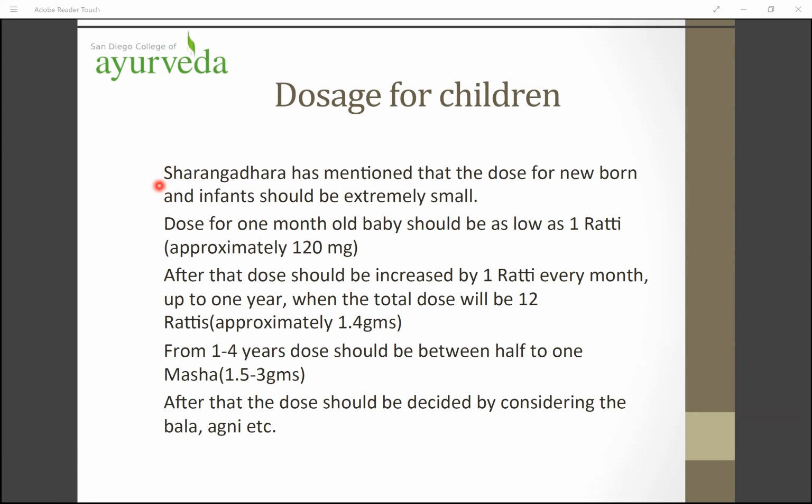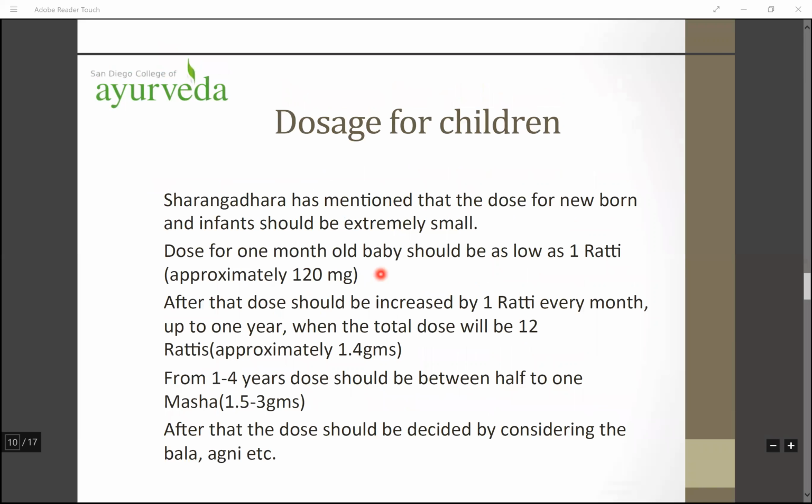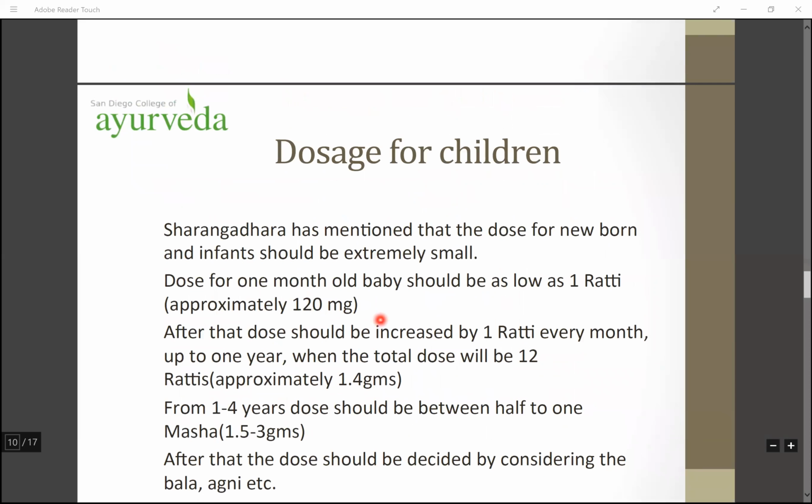As the child grows older, your dosage would slowly increase. You give about one rati, which is like 120 mg, for a 1 month old child. After that, every month you can increase by one rati, that's about 120 mg.